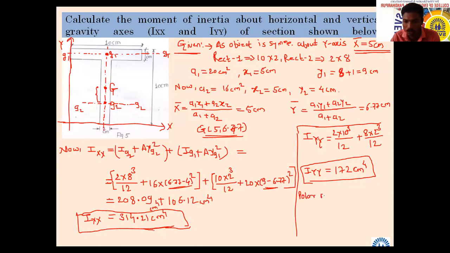If at all polar moment of inertia is asked, then what will be the formula? We call it Izz equals Ixx plus Iyy.